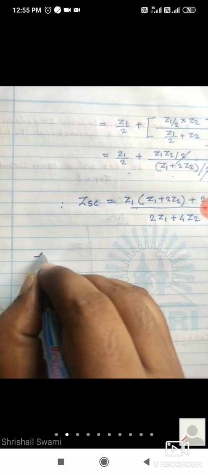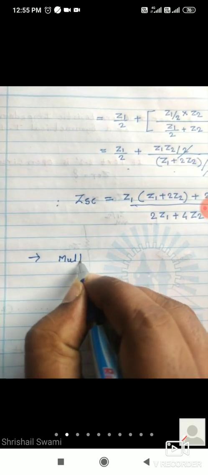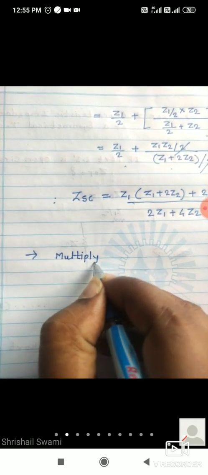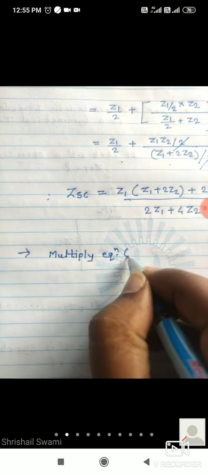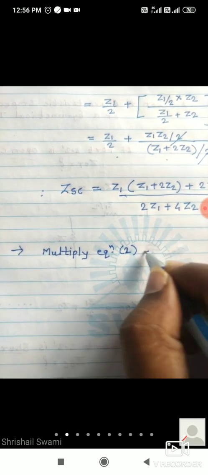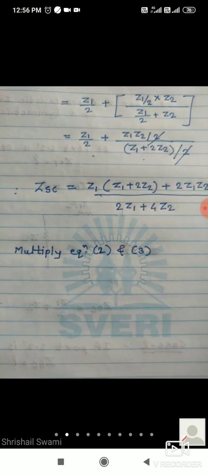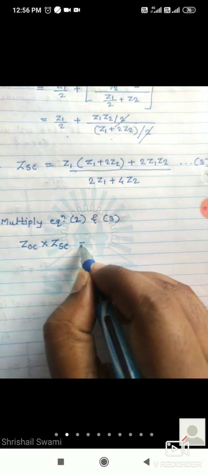Now what you can do? Multiply equation number 2 and 3. म्हणजेच काय करायचं? ZOC into ZSC. दोन्हीचं मल्टिप्लिकेशन करून बघा. Take it as homework.